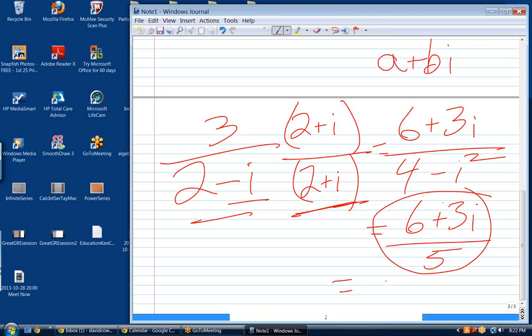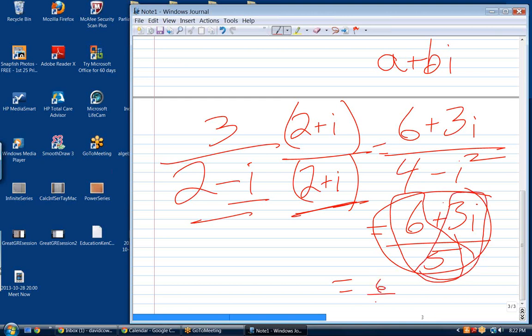So what is the final answer? Separated into two fractions. So you'd have 6/5.